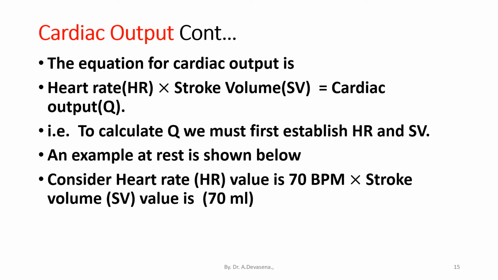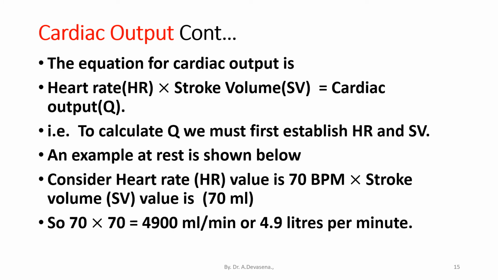Consider a heart rate value of 70 beats per minute and a stroke volume SV value of 70 ml. Therefore, 70 times 70 gives 4900 ml per minute, or 4.9 liters per minute. In this way, we calculate the cardiac output.